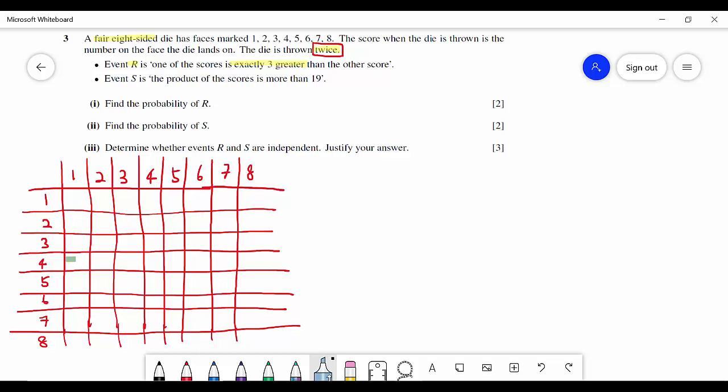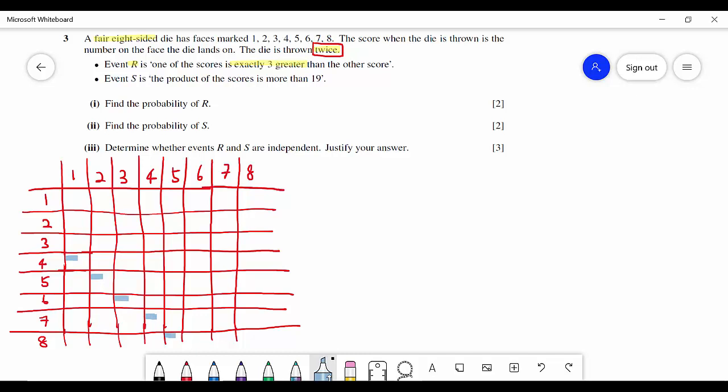So what are the other possible results for event R? Another one will be here. Using the blue highlighter, this one is one of my scores, and the second one is here: 5 minus 2, you get 3. 6 minus 3, you get 3. 7 minus 4, you get 3.